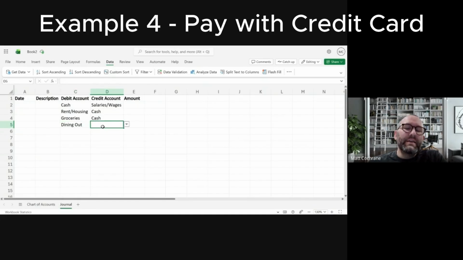And in this case, we're not paying for it with cash, we're paying for it with credit. And credit cards are either assets, no, liabilities, yes. So the credit card liability is going to increase. Because it's a liability, liabilities increase with credits.